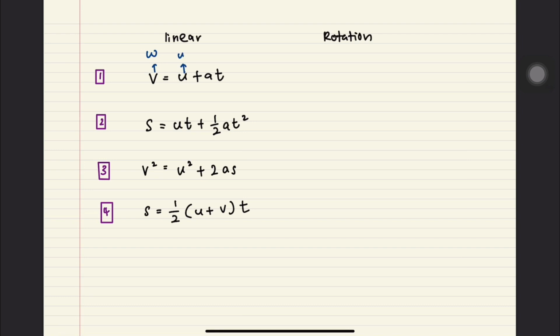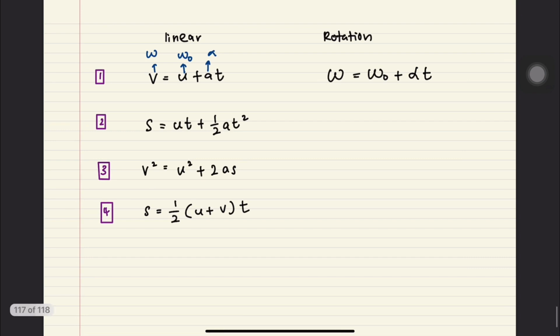You can see we have 2 omega: one is for the final angular velocity, another one is the initial angular velocity. The initial one we represent with omega naught. a is basically alpha, and the last one is time. Time doesn't change, no? So the equation becomes omega equals omega naught plus alpha t.